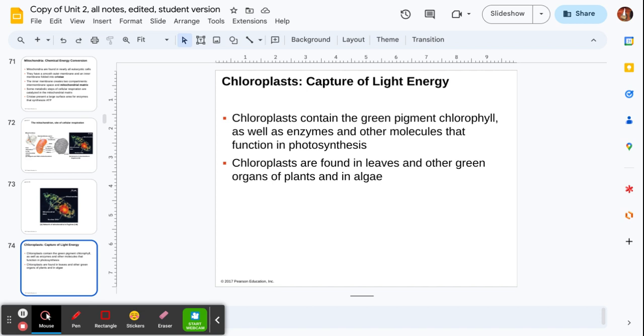Also related to that organelle, or in some ways very similar to that organelle, is chloroplasts. One of their claims to fame is that they are green. And they are green because they have a green pigment called chlorophyll.